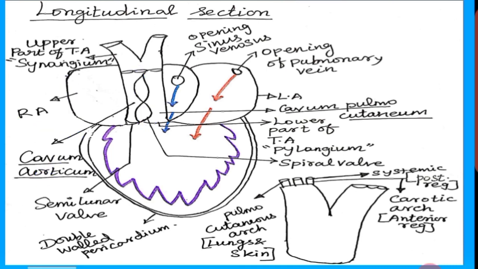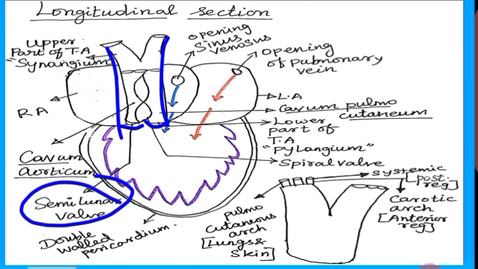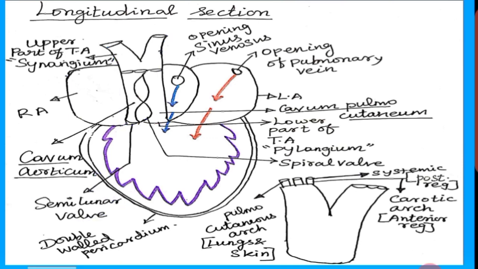The division which is located toward the left atrium is named as cavum pulmocutaneum. Got it? Then that truncus arteriosus base has semilunar valves. Got it? See the picture. This is right atrium. This is left atrium. Then this is ventricle.